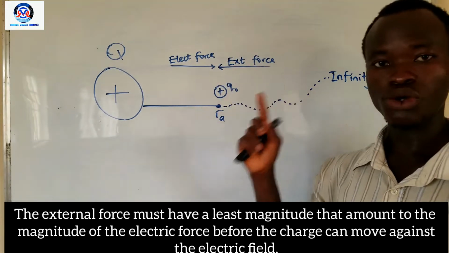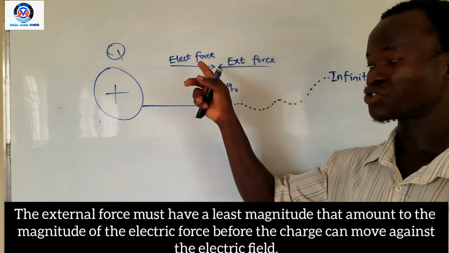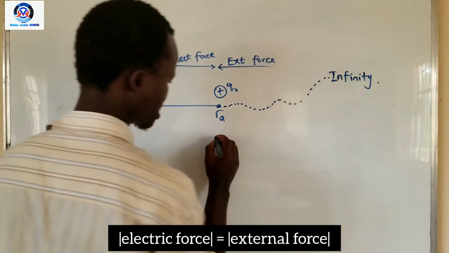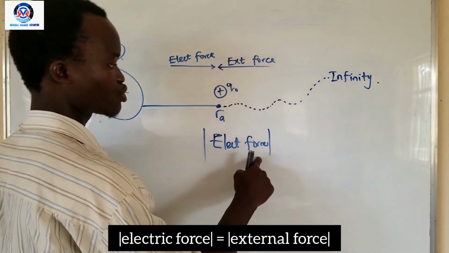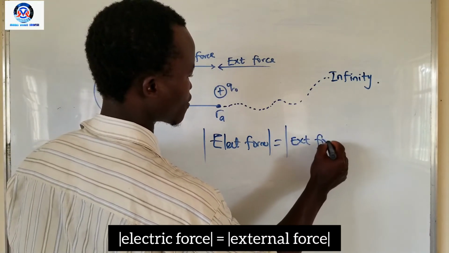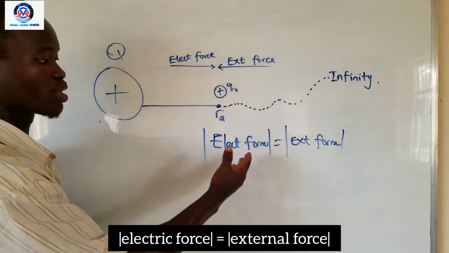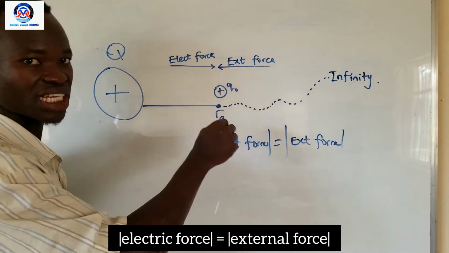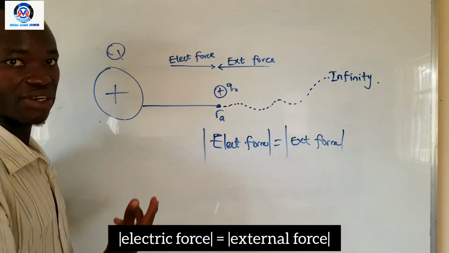And in this case, we say that the magnitude of the electric force is equal to the magnitude of the external force. Yes, the magnitude of the electric force must be equal to the magnitude of the external force before the test charge can be able to move against the field of this reference charge.